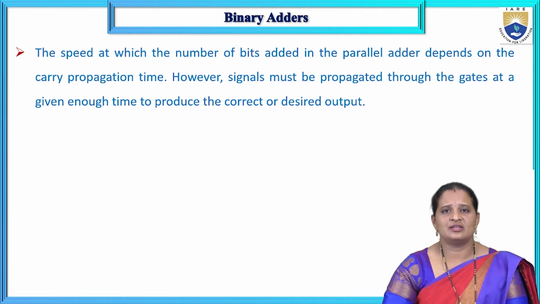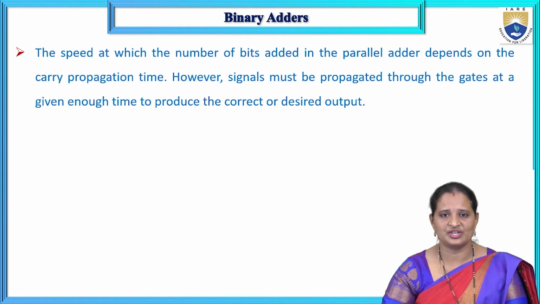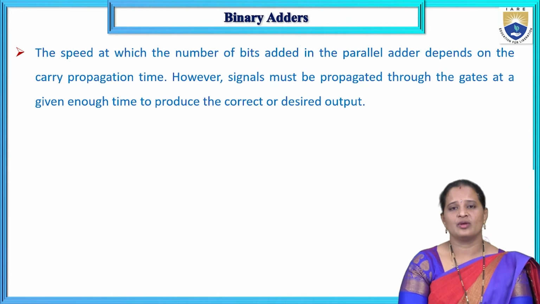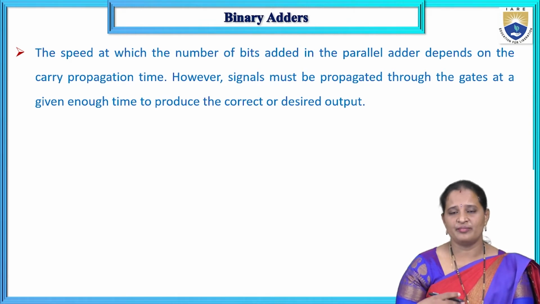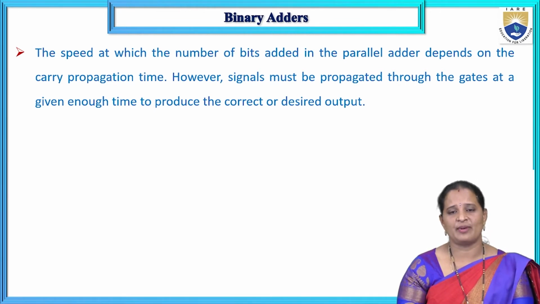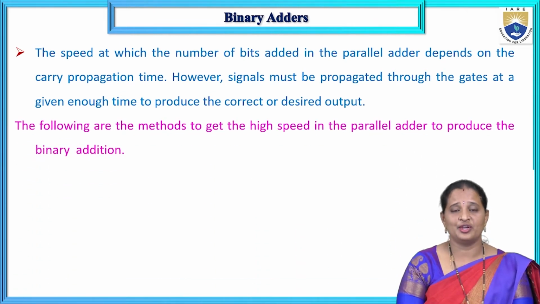We have seen that whatever the type of binary adder, either a serial adder or a parallel adder, there exists some propagation delay. In a serial adder, the addition is performed bit by bit and hence the delay is more. Whereas in a parallel adder, even though all the bits are applied to all the full adders at a time, there exists a delay due to the propagation of carry from one section to the other section.